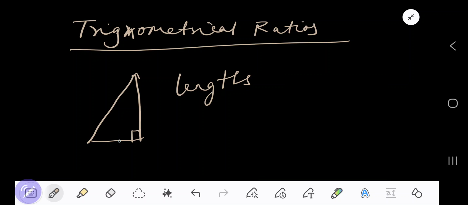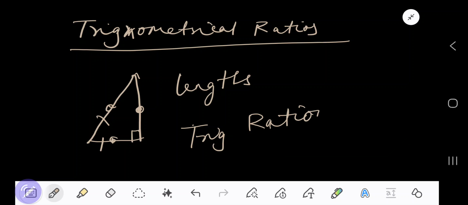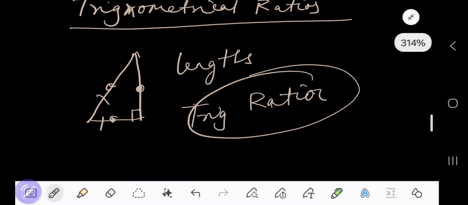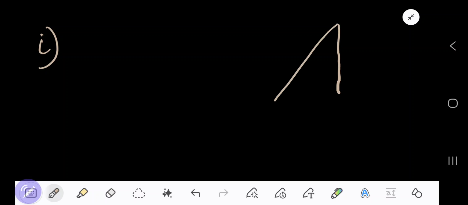So any pair, so it could be this side, this side, this side, whatever. Any pair, the ratio between that pair is known as a trigonometrical ratio. It could be any two sides. So there are a total of 6 trigonometrical ratios. I'm going to be telling all of them to you.